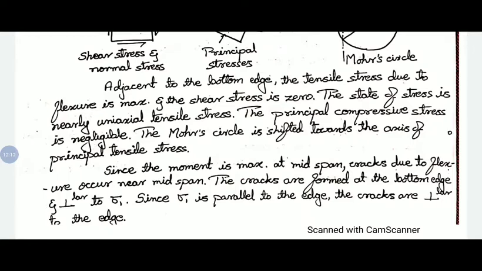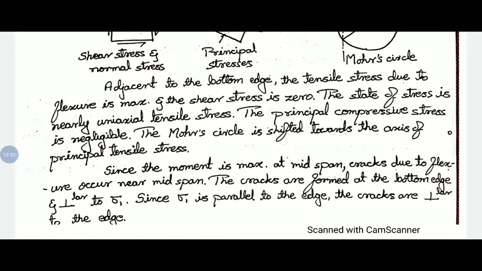In the previous case, sigma 1 is at an angle of 45 degrees, so in turn the cracks developed are also at 45 degrees with respect to the axis of the beam, as sigma 1 is perpendicular to the cracks developed.